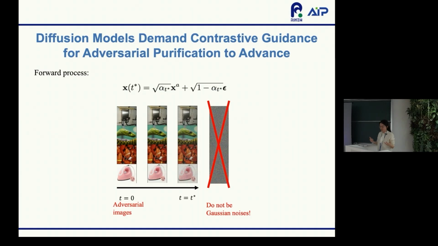In this case, the forward process will follow the previous designs: we still add noise up to the noise level where we can still keep the semantic information but diffuse the adversarial attacks as much as possible. One thing we should keep in mind is not to add too much Gaussian noise, making the whole data become Gaussian noise. Otherwise, for the reverse process, we may not find data following the same semantic label for the downstream classification.